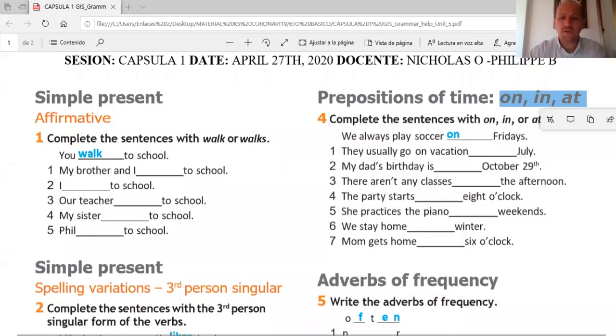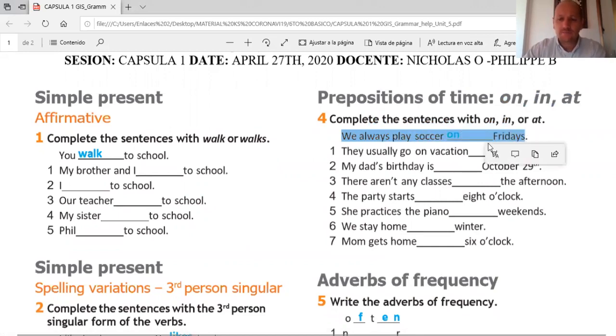Let's share the exercise. And here we have the exercise on, in, at. We play soccer on Friday. Jugamos fútbol los viernes.